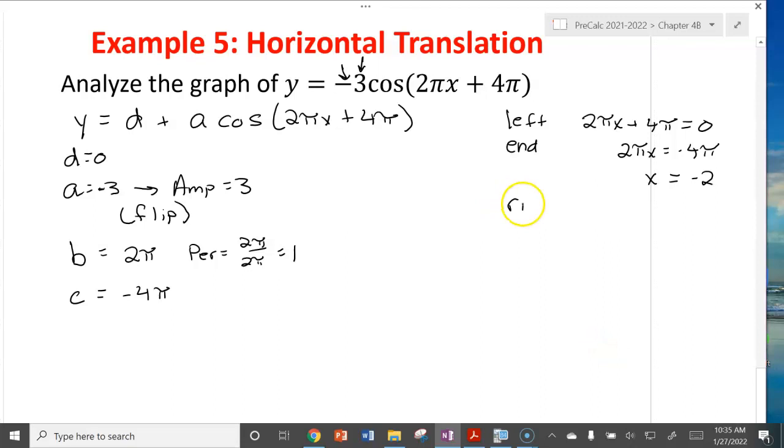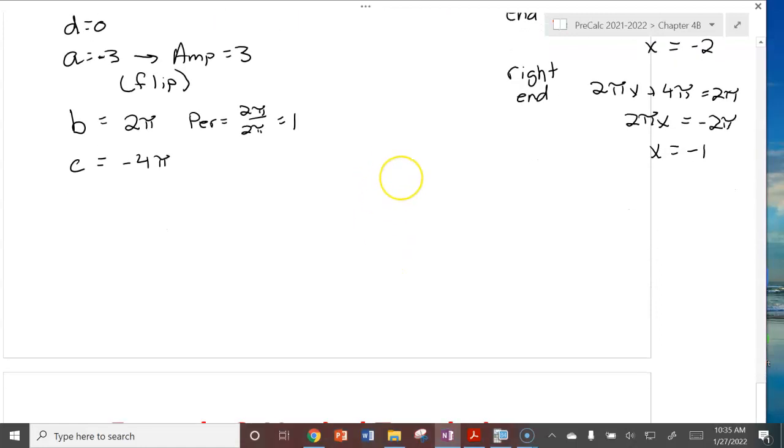Right end. 2 pi x plus 4 pi equals 2 pi. 2 pi x equals -2 pi, so x equals -1. Now our period is 1, so it does make sense for my critical points to start at -2 and end at -1.